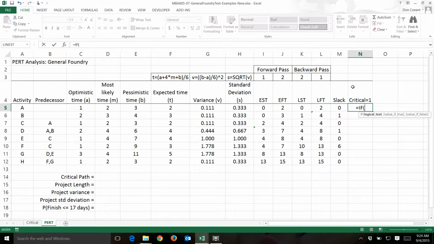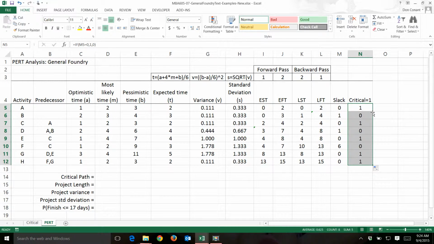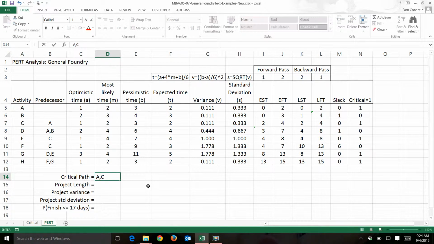If the value to my left, the slack, equals 0, then 1, otherwise 0. That's the same. I copy that all the way down. Now I can calculate my critical path by looking. And the critical path is A, C, E, G, H.